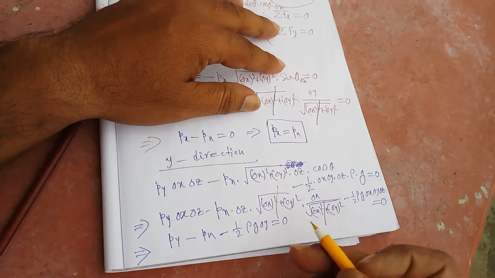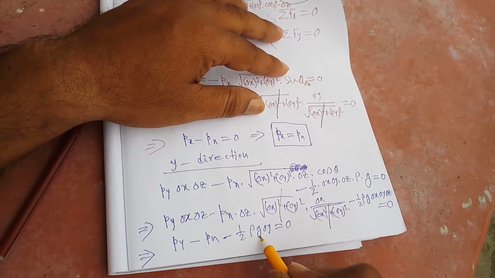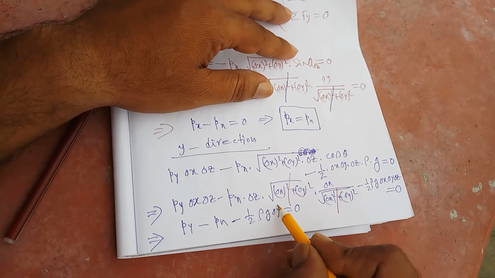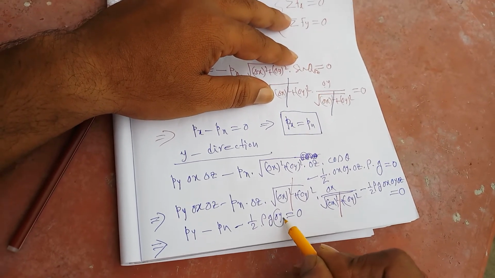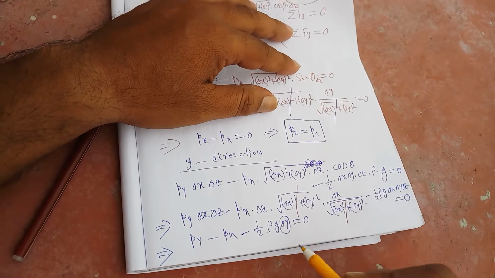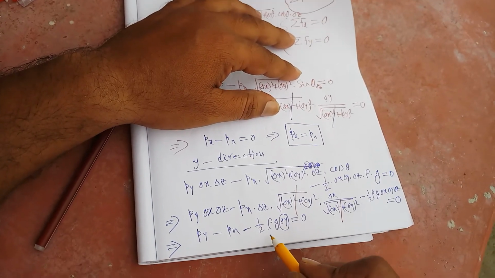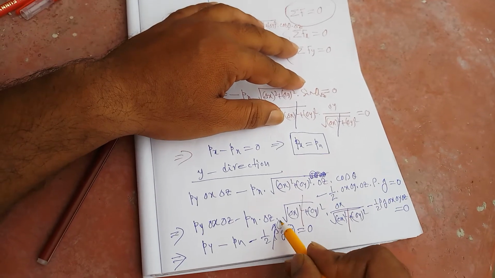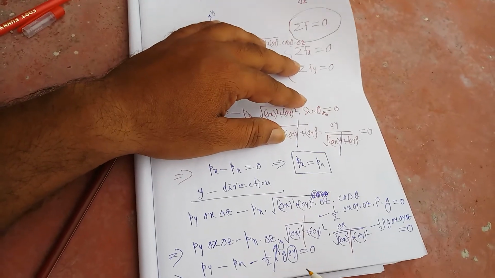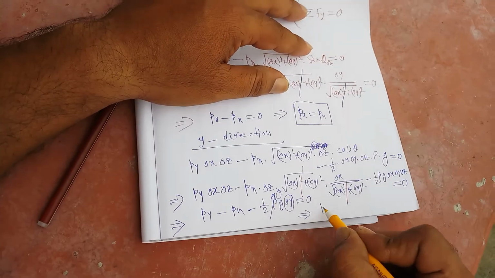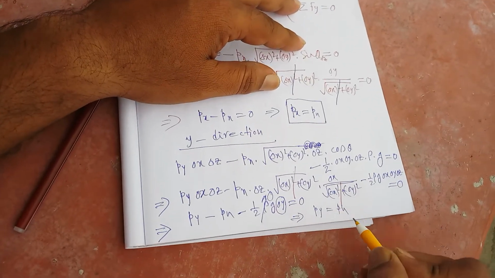Now we know that rho g are finite quantities, Py and Pn are also finite quantities. But delta y is a very small quantity, this approaches 0. That means if you take the limit, the contribution of this term will be 0. Therefore ultimately we are getting Py is equal to Pn.